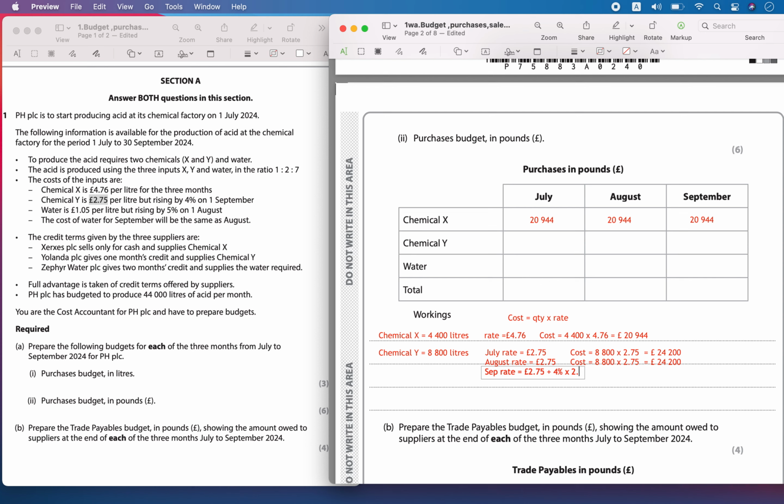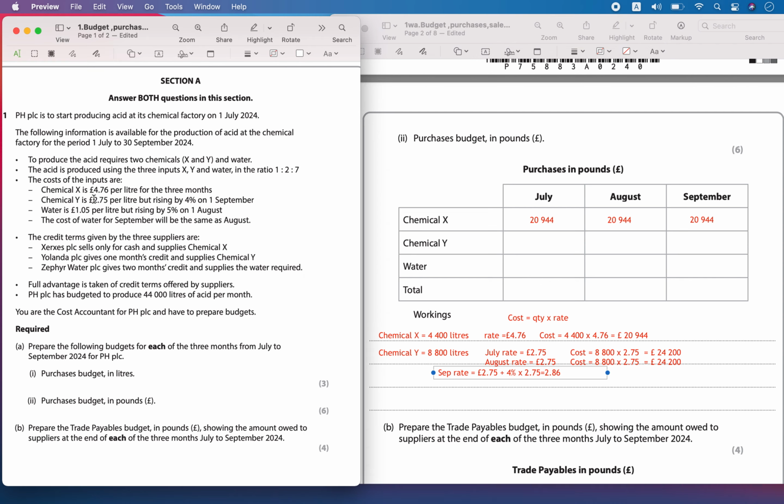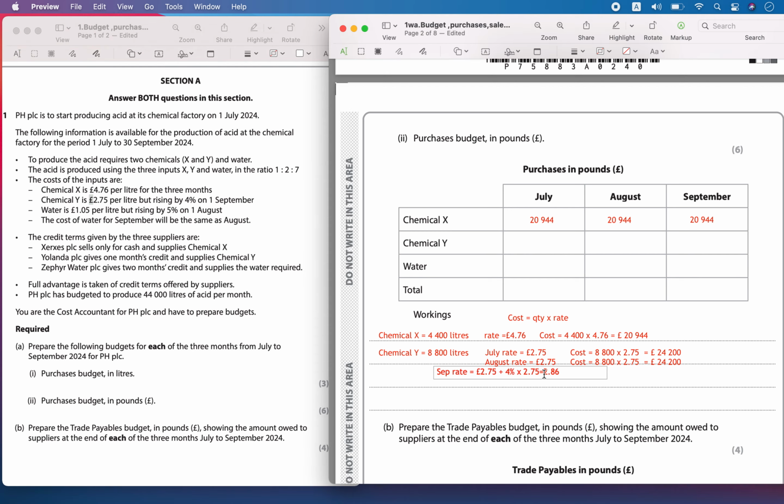So 4% of 2.75, the September rate is going to become 2.86 pounds for the month of September. So what will be the cost? The cost is going to change.